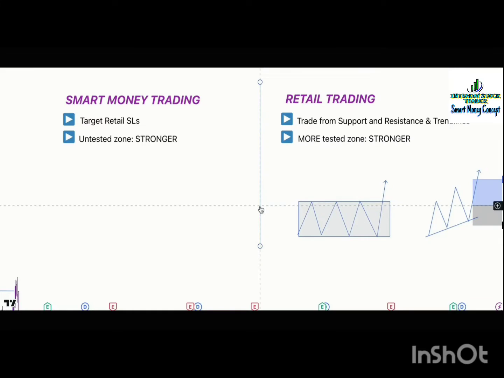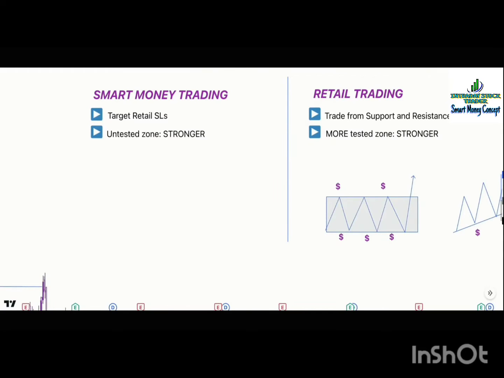From a retail trading point of view, when you see these zones, you understand that retail traders put their stop losses just below this level of support, and just above this level of resistance, so there is a huge amount of money. As a smart money trader, you know this.